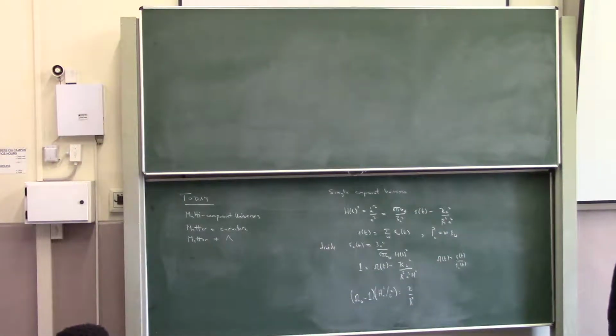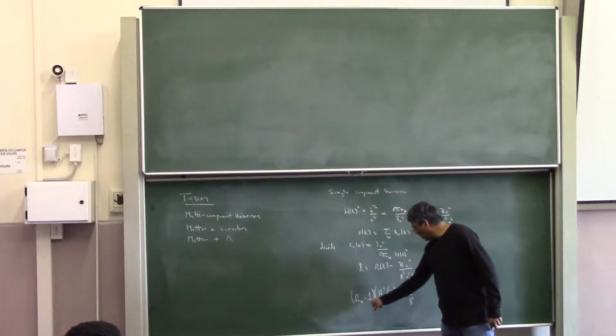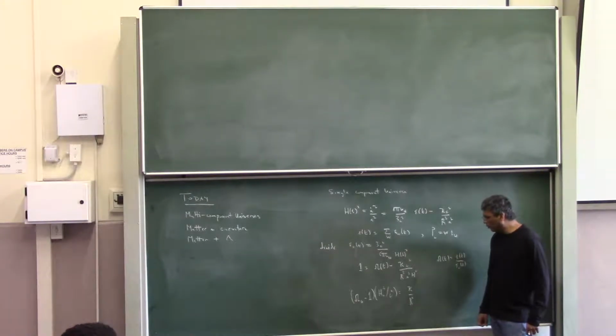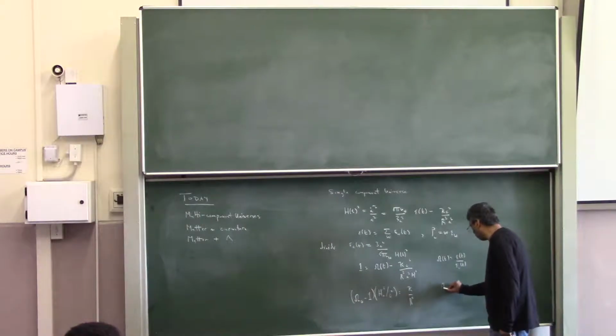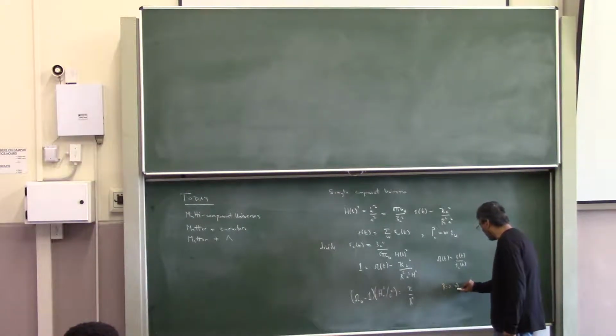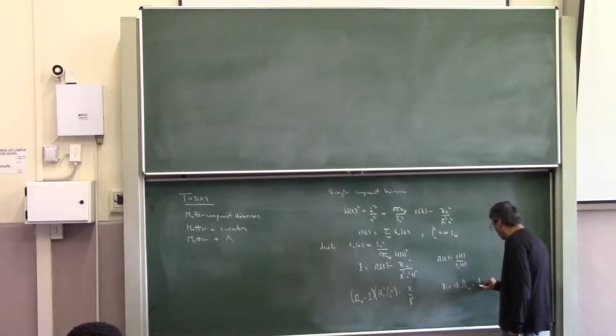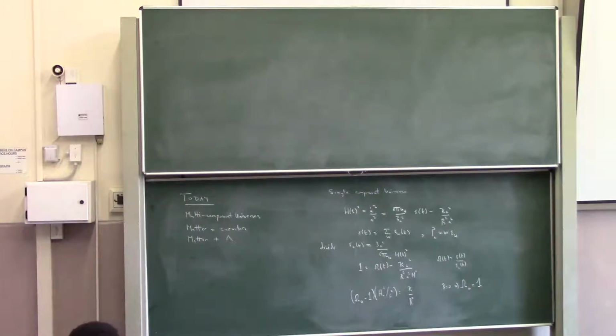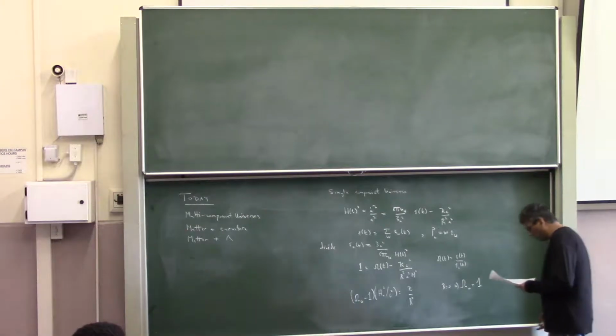So the deviation between omega 0 and 1 tells us the sign of kappa. If the universe is flat, kappa equals 0, this implies omega 0 is 1.